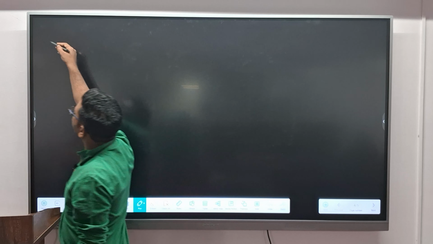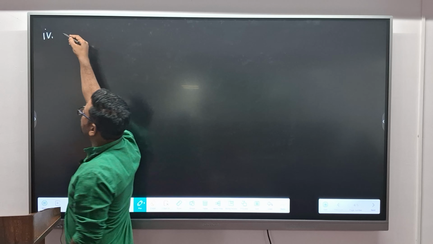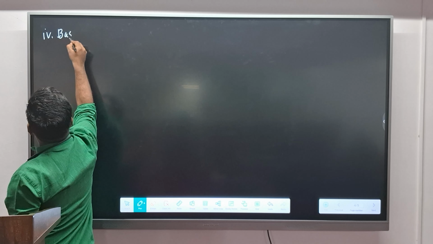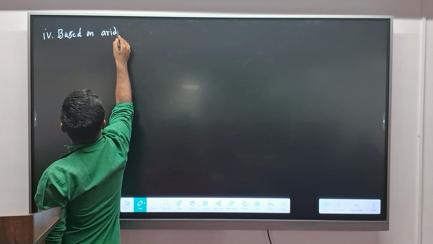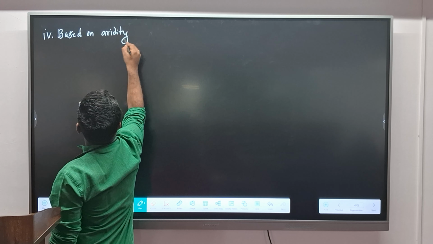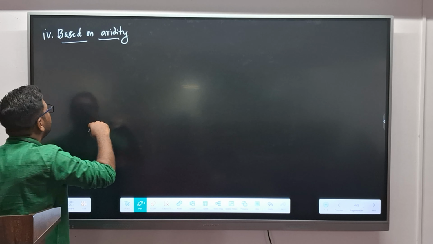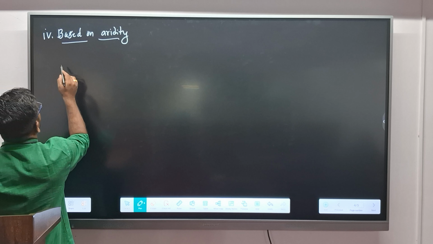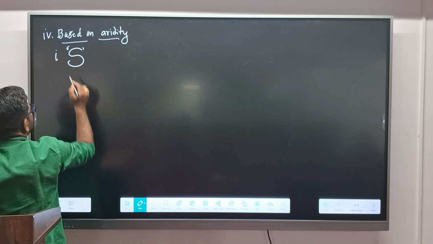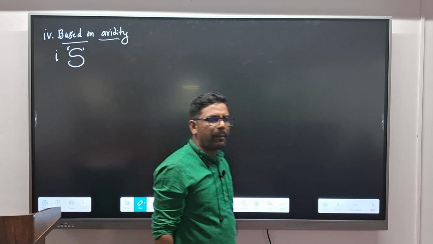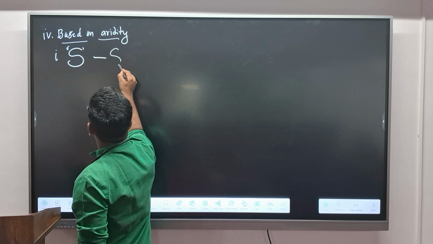Fourth one, based on heredity. Okay, so based on heredity, if I am writing capital S, you can call it semi-arid.